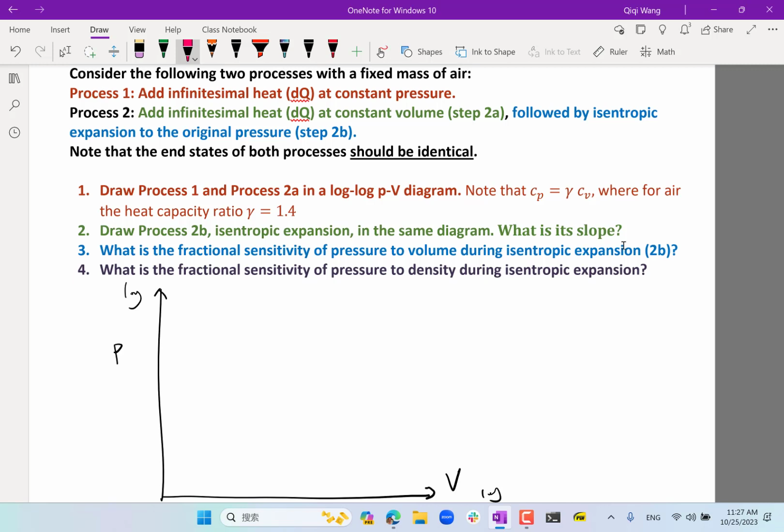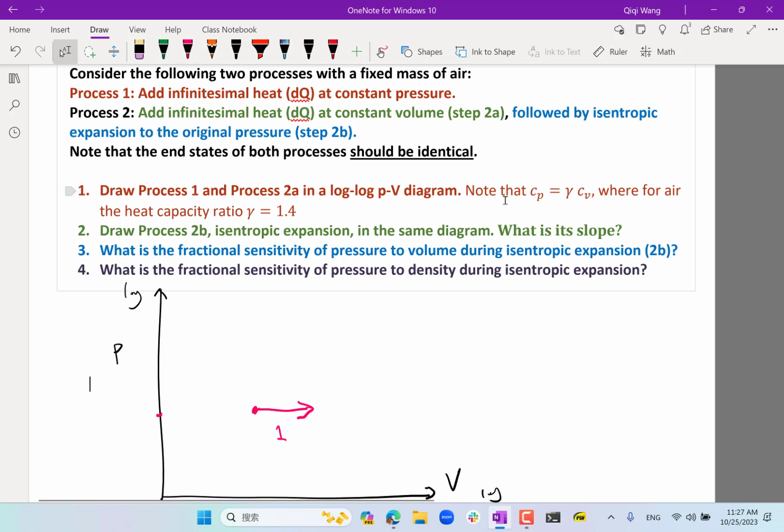We're holding pressure at a certain constant, so volume should increase a little bit. So process 1 is an infinitesimally long line, but I am exaggerating. It goes from somewhere initially to somewhere.